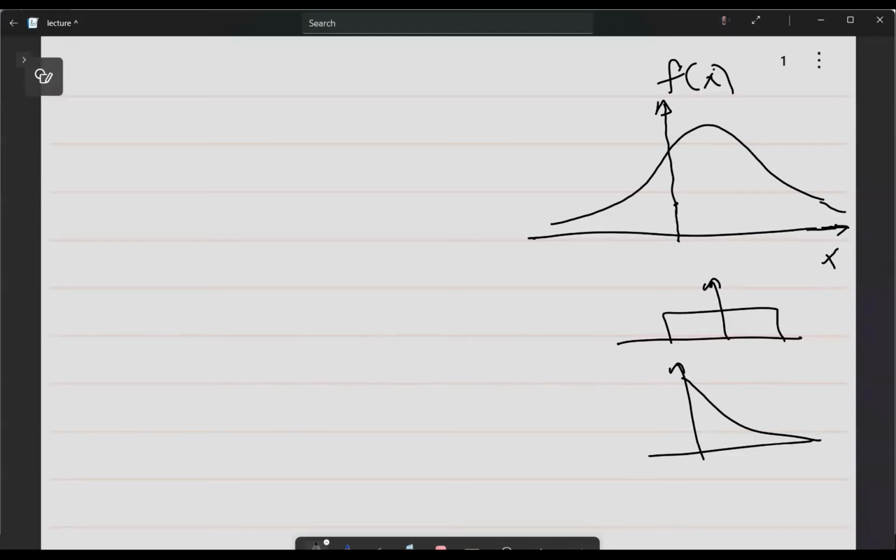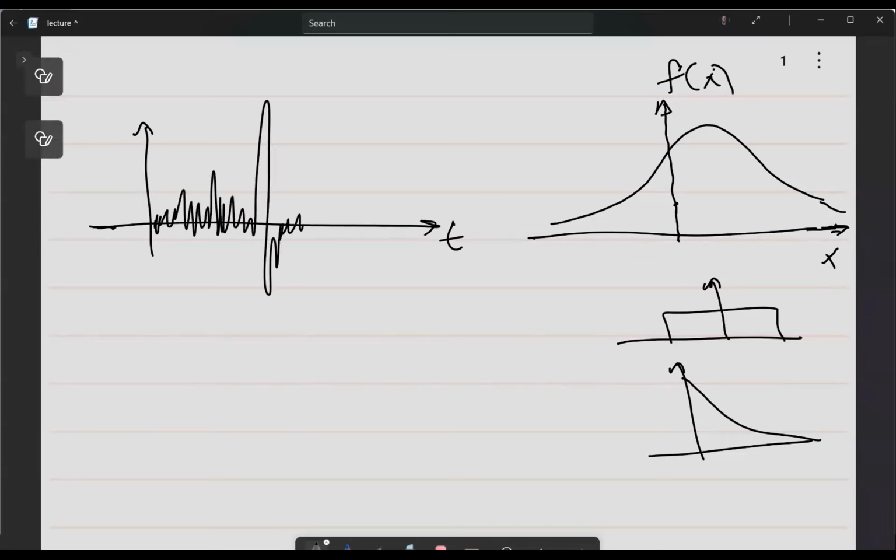For example, if you take this probability density function of x, and now assume that this is a signal over t, and this signal follows this Gaussian distribution, then you will find the signal something like that. We might have some peaks, but it is very rare to have peaks. And if you take the average here, it will be zero, the mean of the signal, and so on.